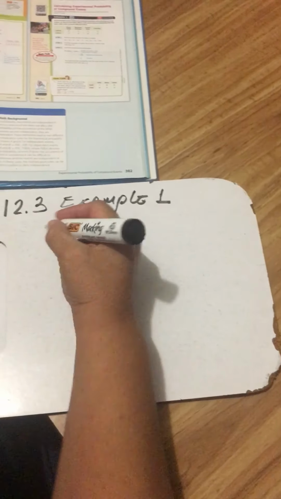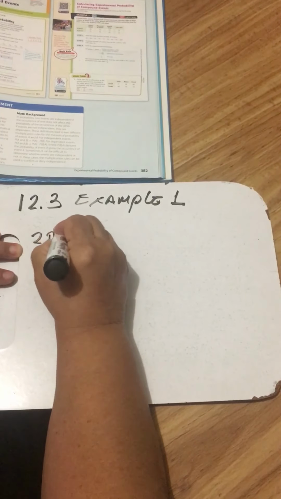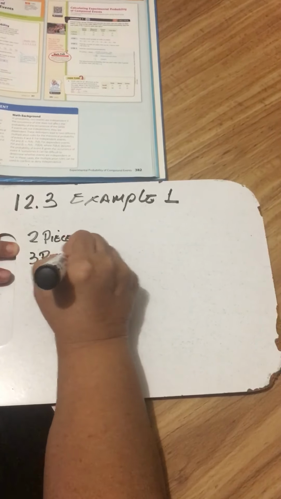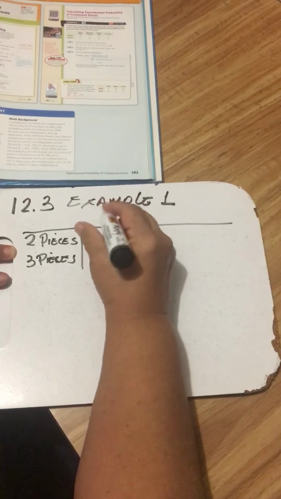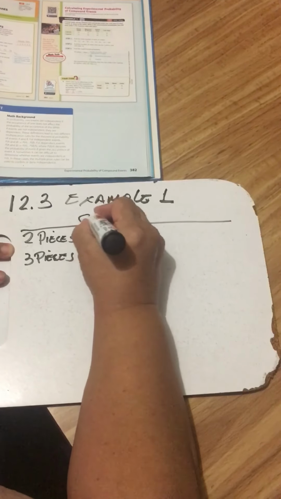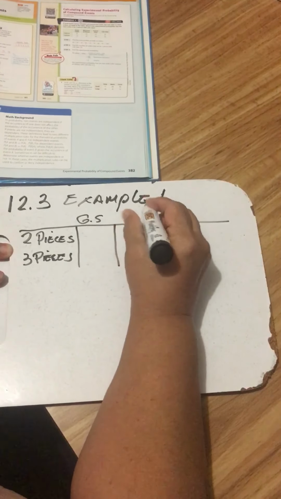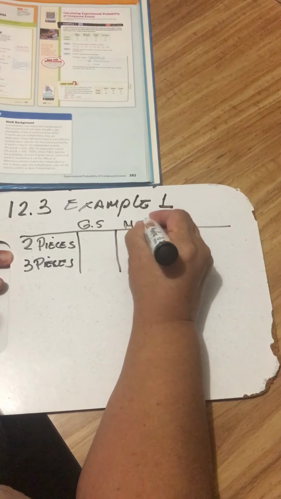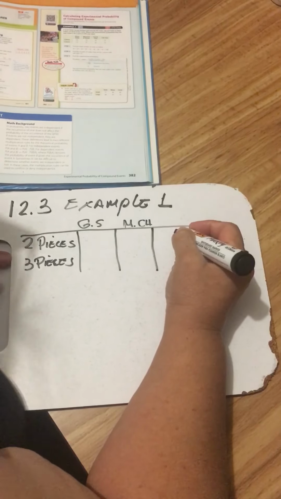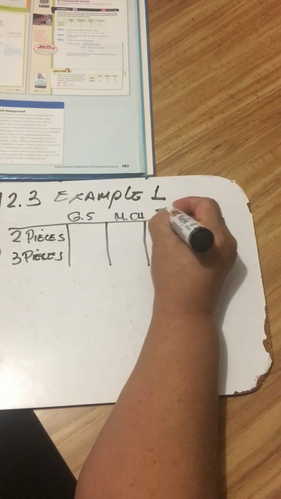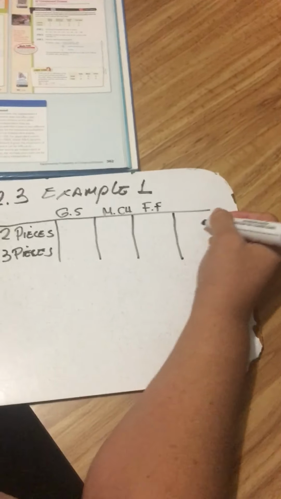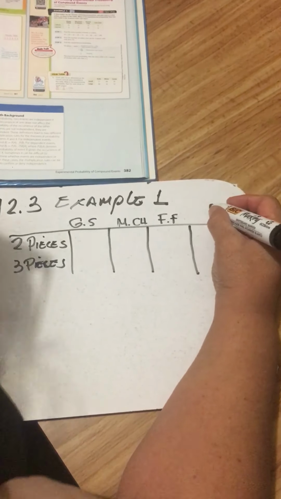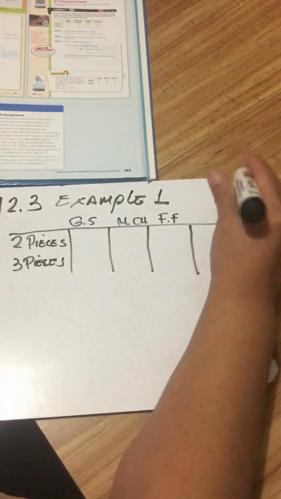Okay, we have the next table. 2 pieces and 3 pieces. And we have green salad, mac and cheese, French fries, and coleslaw.